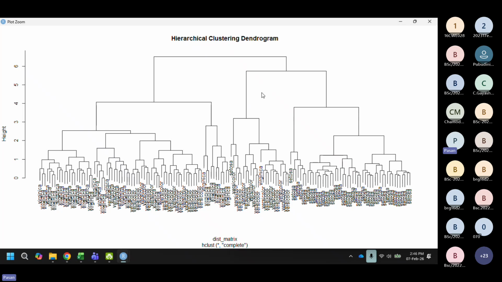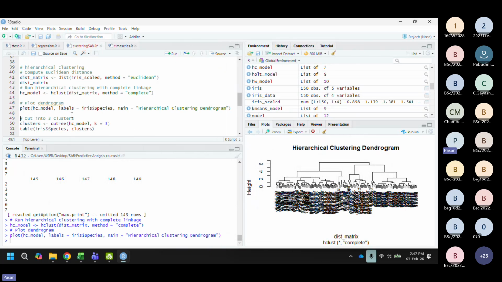That means cutting somewhere here is better, which means having 1, 2, and 3 clusters. So that's the idea that we can have 3 clusters here.